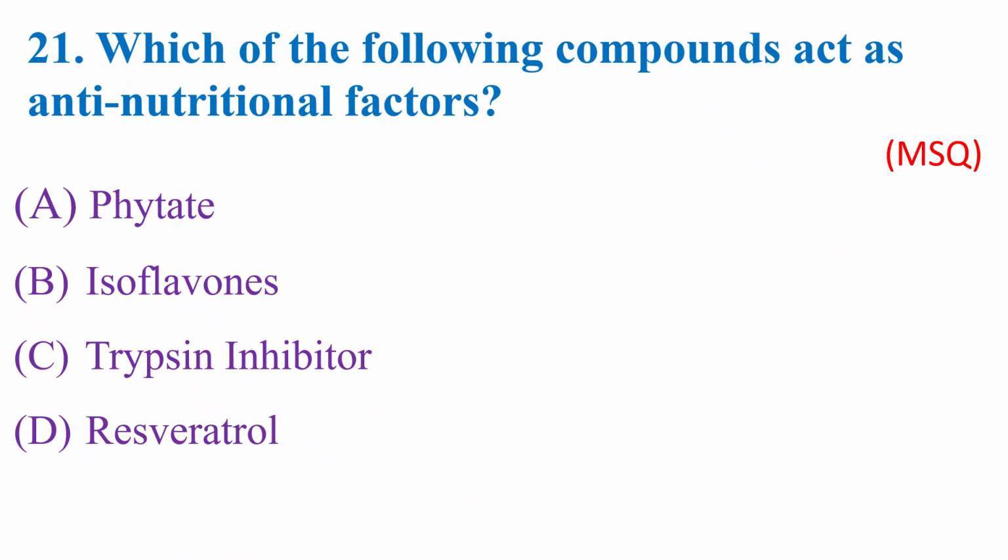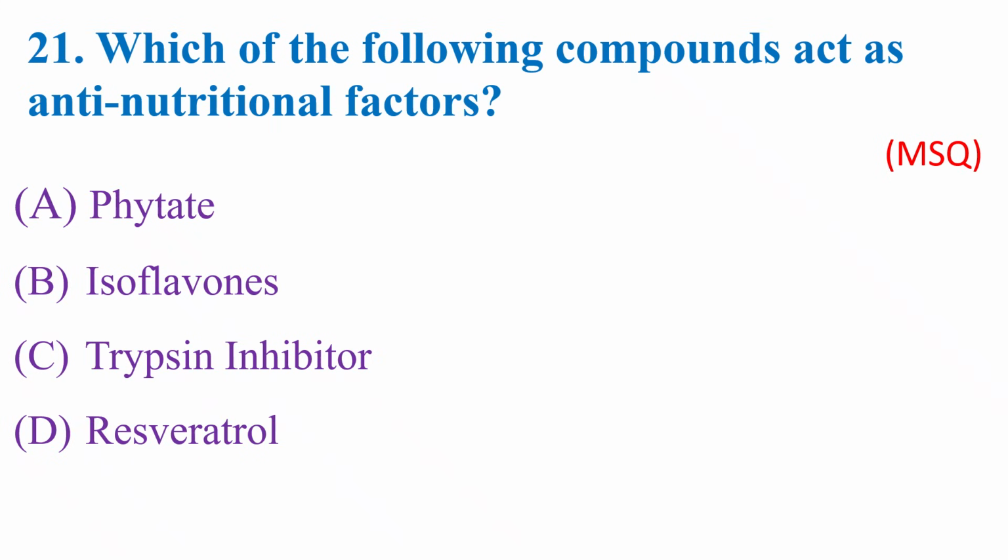Which of the following compounds act as anti-nutritional factors: phytate, isoflavones, trypsin inhibitor, and resveratrol. So anti-nutritional factors are compounds that interfere with the nutrients absorbed or utilized by our body.